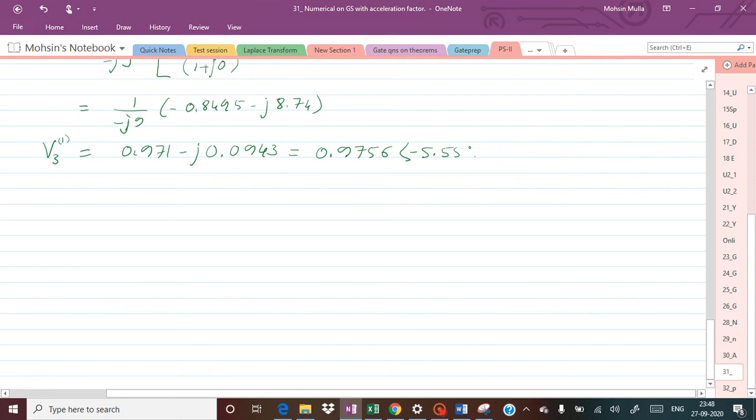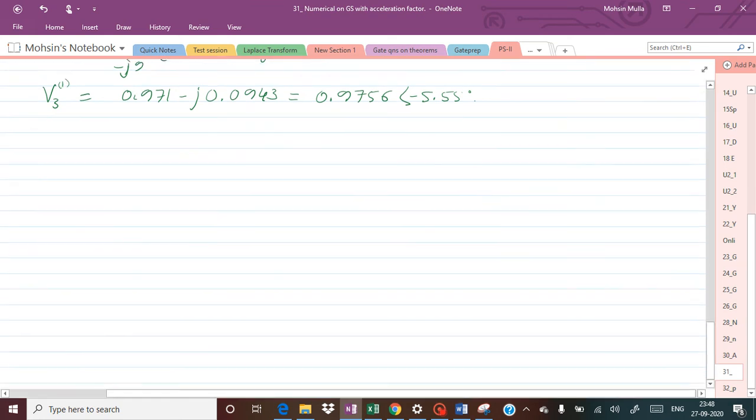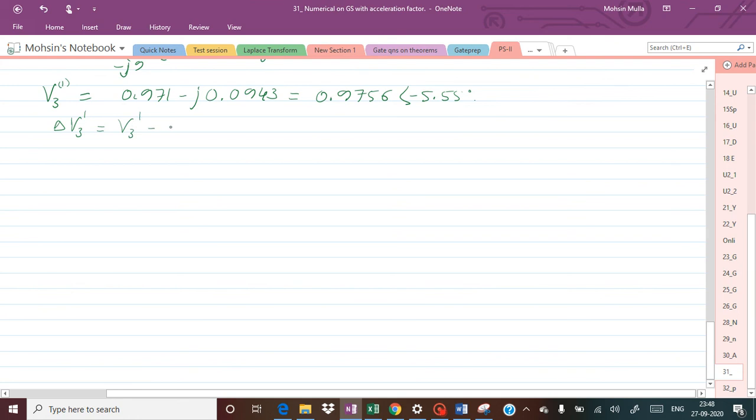This is just the plain iterated value, it is not accelerated yet. So now we'll try to obtain the accelerated value. The accelerated value can be obtained by first determining the difference of this iteration from the previous iterated value, which is V3 of 1 minus V3 of 0.